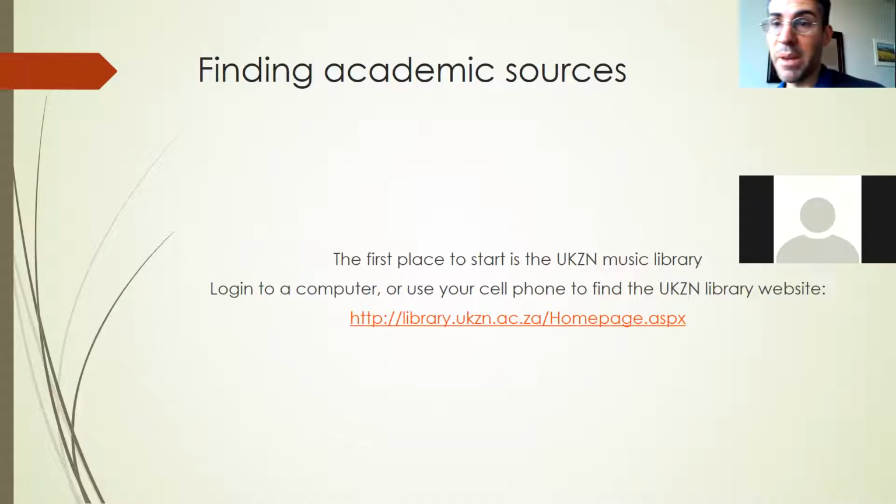My guess is that for many of you, your first inclination would be to go onto the internet and type in the topic of your essay and see what Google gives you.